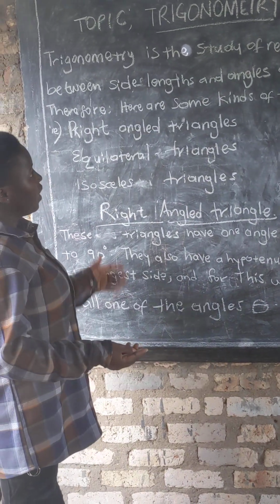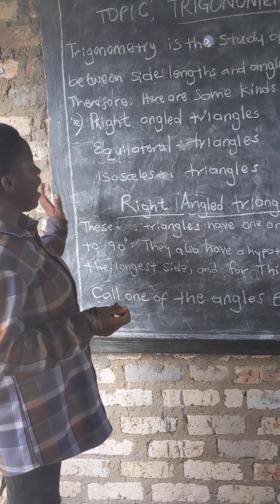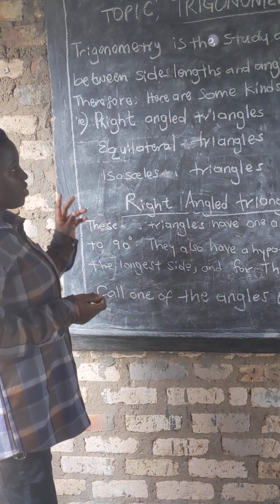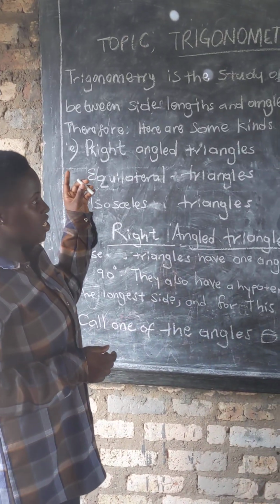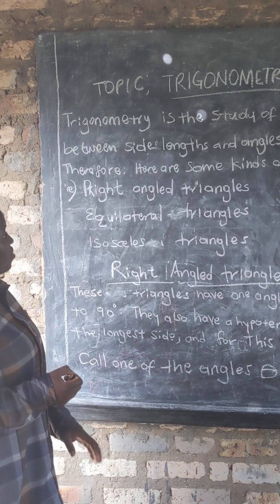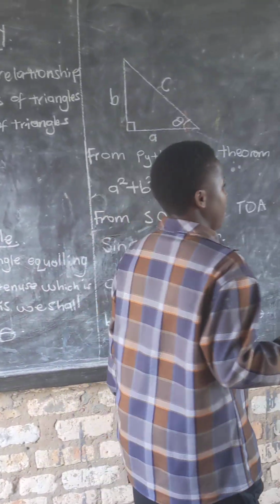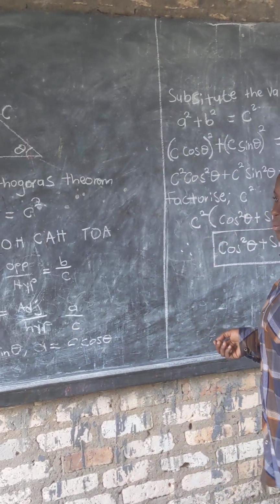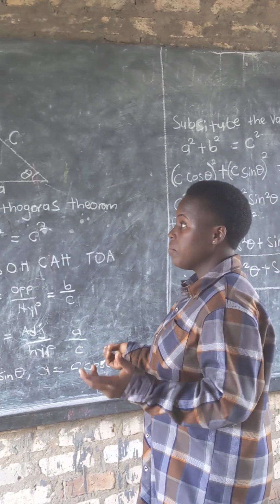So here we are going to take you through advanced trigonometry, as you see on the chalkboard. Trigonometry is defined as the study of relationships between the side lengths and the angles of a triangle.